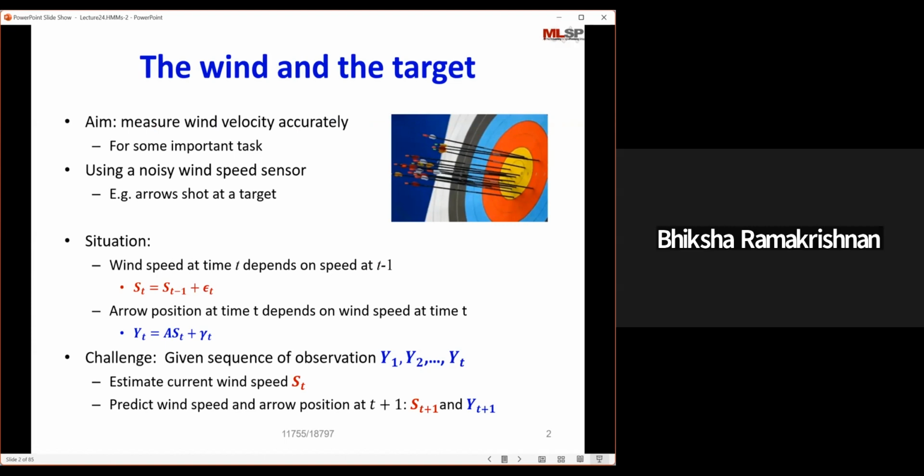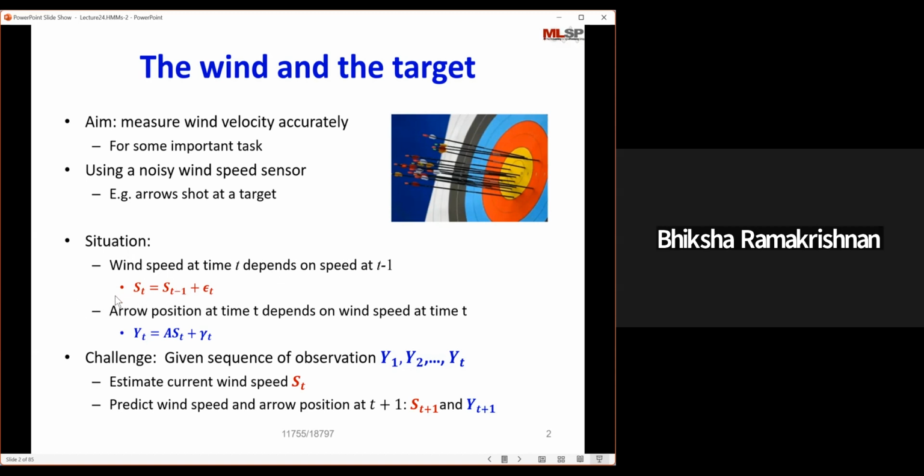We were talking of processes of this kind, like our problem of the arrow and the wind velocity. The aim here was to measure wind velocity using a noisy wind speed sensor, arrows shot at a target. And the situation was that the wind velocity changes according to some functional process.